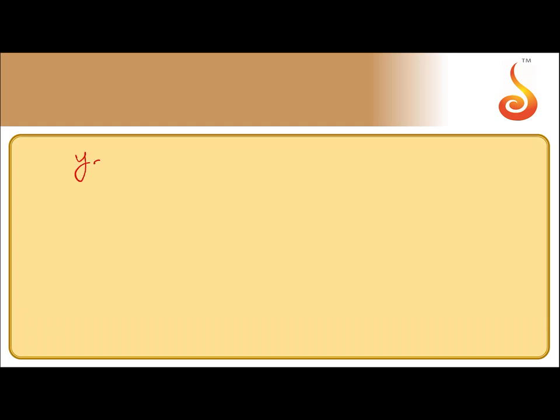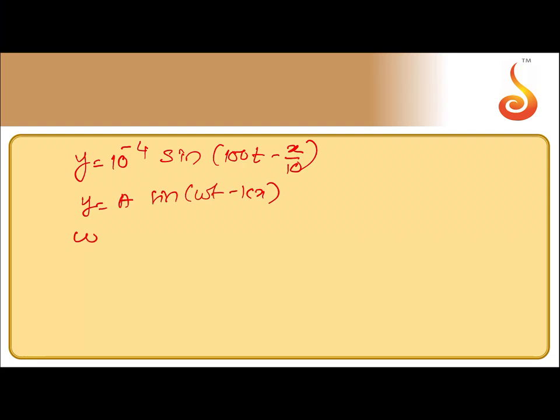Y is equal to 10 to the power of minus 4 sine 100 t minus x by 10. So if we compare it with y is equal to a sine omega t minus kx, we get omega is equal to 100 and k is equal to 1 by 10.